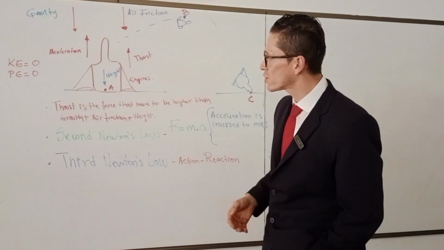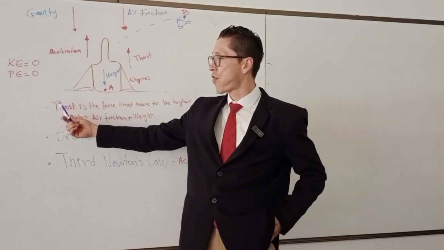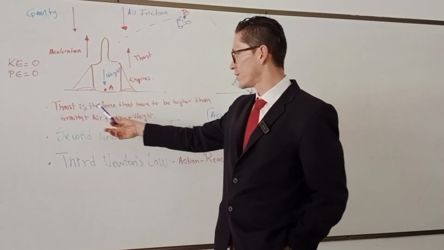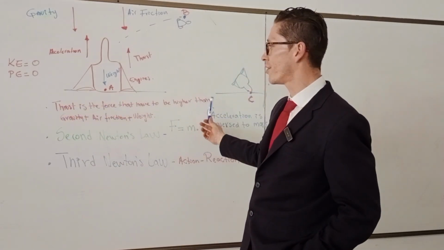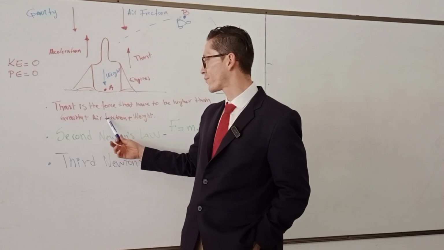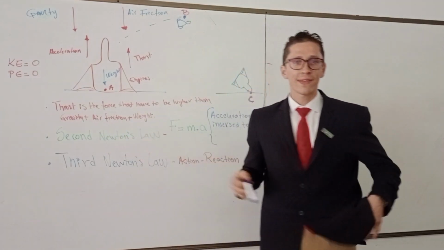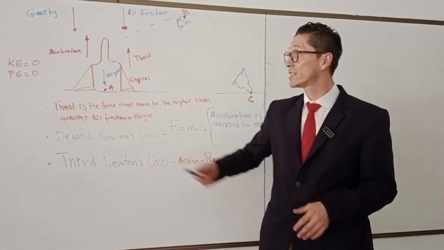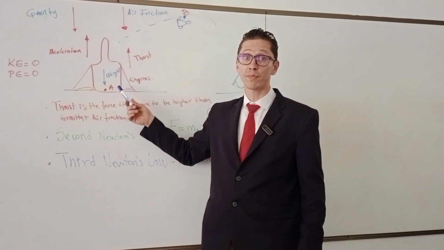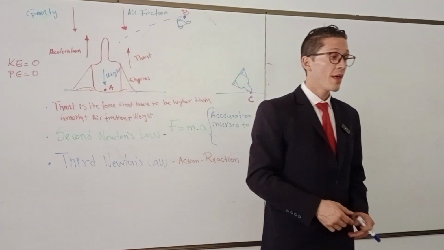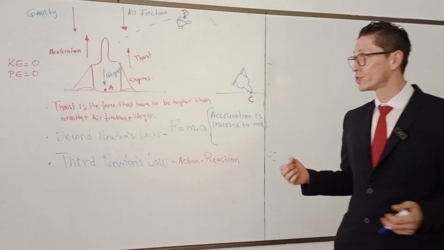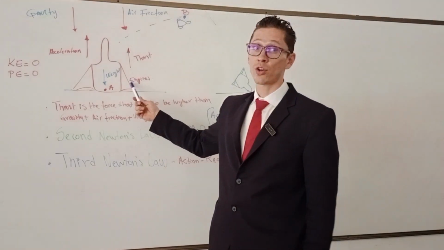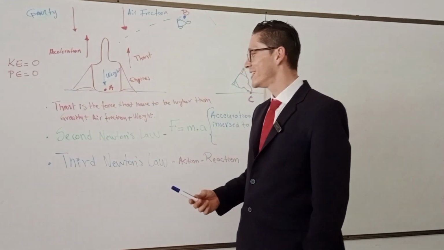This opposite force is called thrust. Thrust is the force that has to be higher than gravity plus air friction plus weight. The thrust is the force that will be produced by the engines. That's why I need a lot of fuel right here.